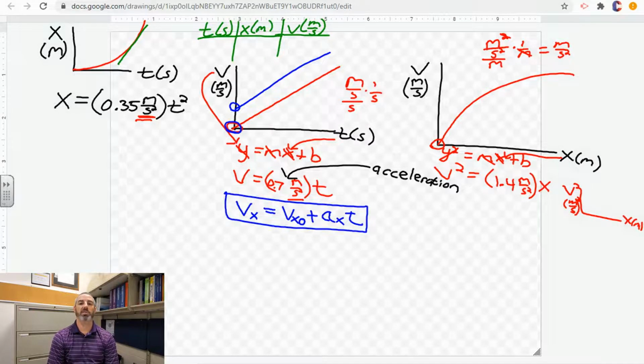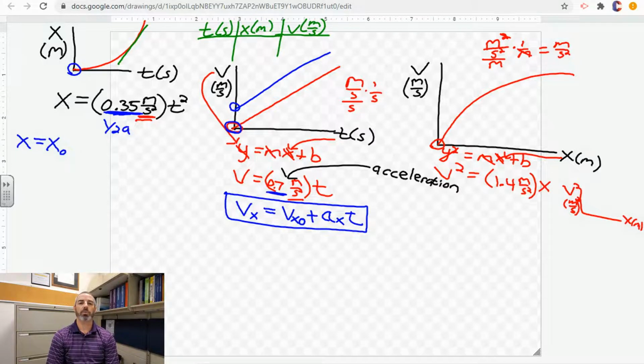Now we go to our position time squared graph and look at this slope and compare it to the value of the acceleration. I can see that the value 0.35 is about half of the acceleration which we defined as the slope of the velocity time graph. So we're going to write x is equal to our vertical intercept, which is the initial position, x naught.